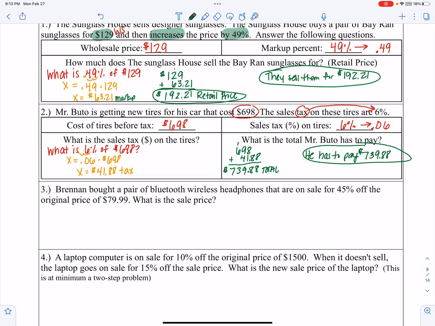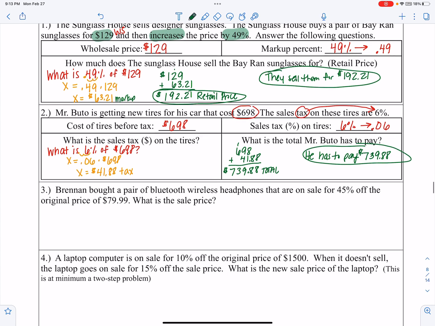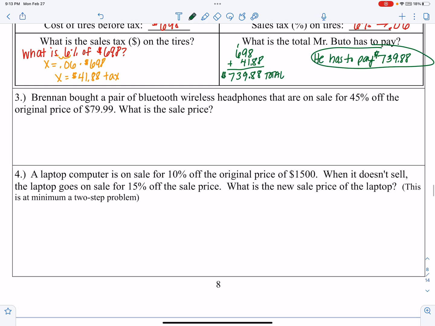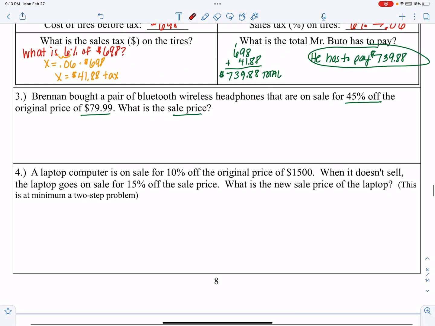So you can see we're still using those question templates that we've been using for word problems with percents. Brennan bought a pair of Bluetooth wireless headphones that are on sale for 45% off the original price of $79.99. What is the sale price? Okay. And so let's try to think about what's going on here.